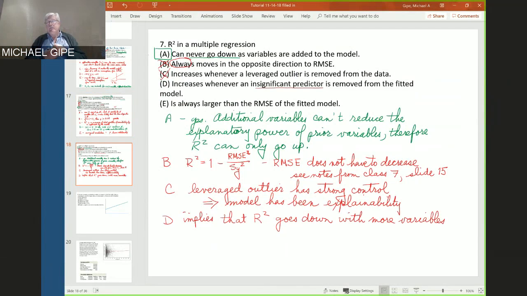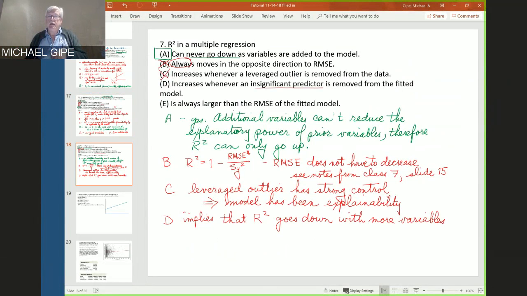Now, if that predictor is insignificant, in other words, we can't say that it's not zero, we can't reject the idea that it might be zero, it would mean that if we removed it and R squared increased, then when we put it in, R squared must have gone down in the first place.